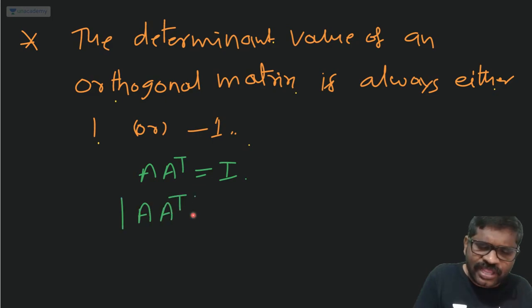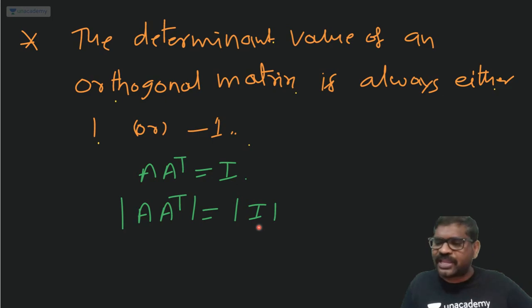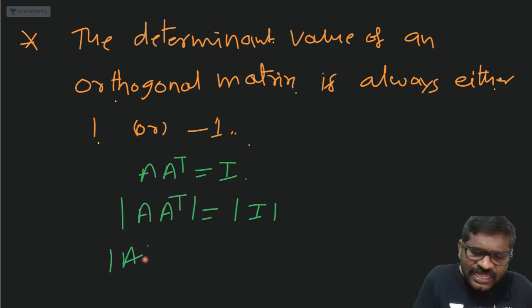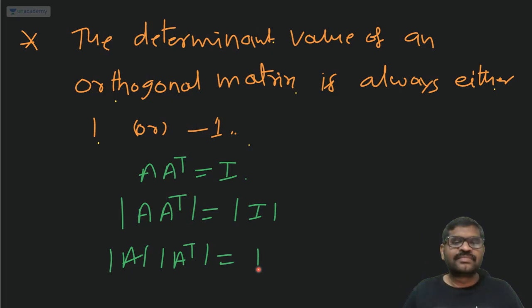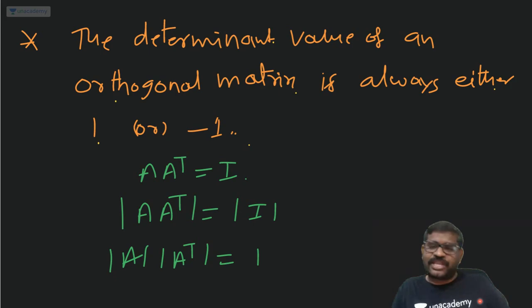Determinant value of A into A transpose equal to determinant value of I. Now det A into det A transpose equal to 1, because the determinant of AB equals det A into det B.